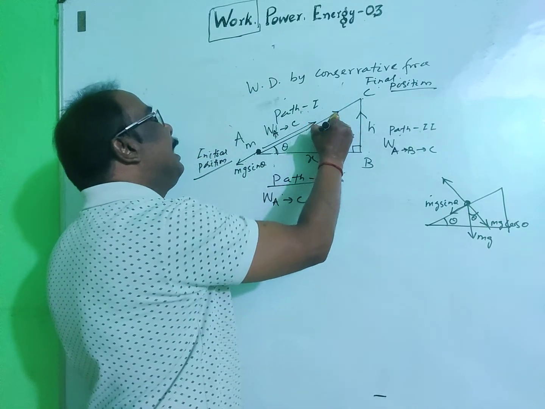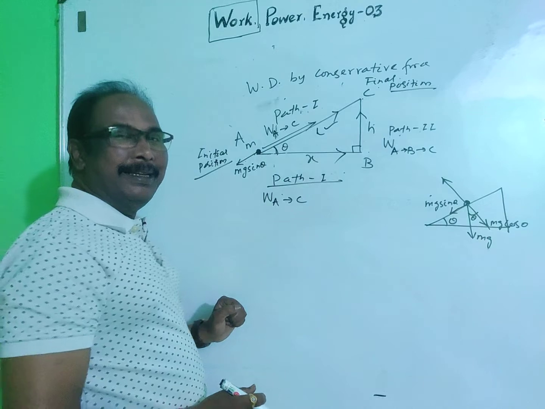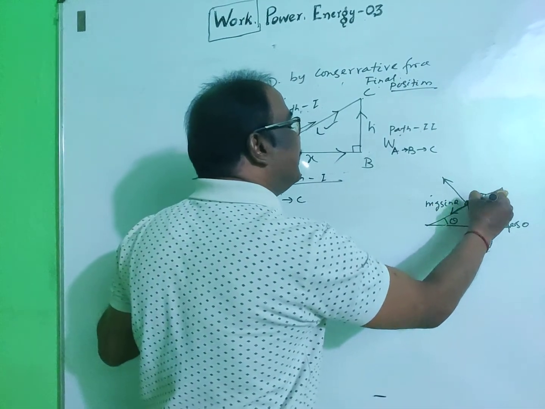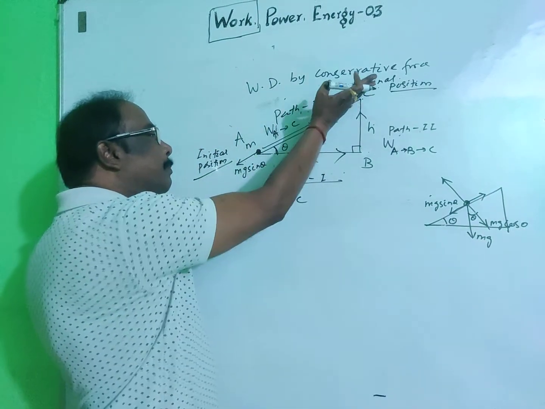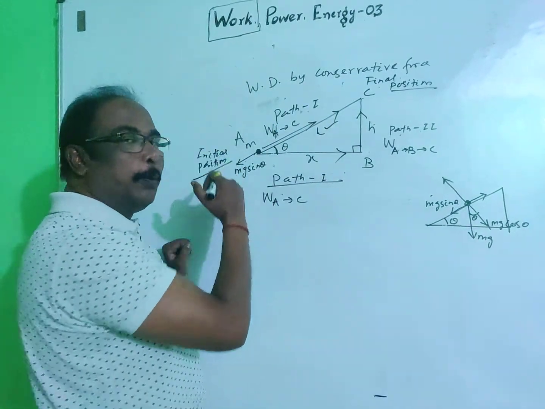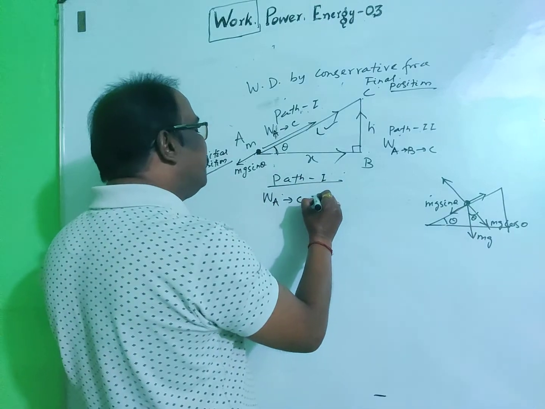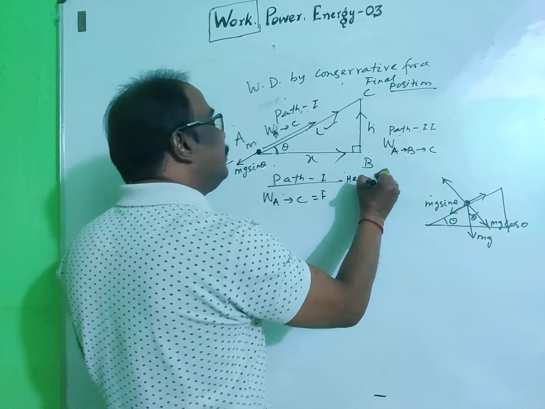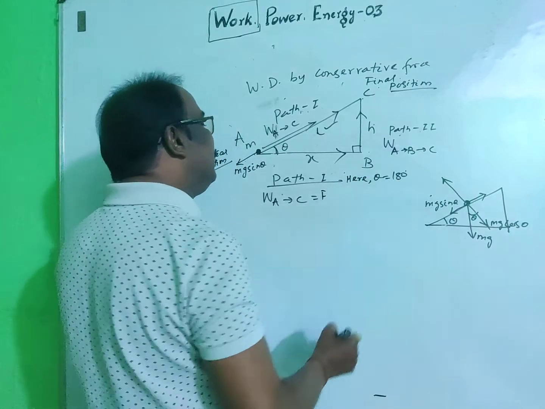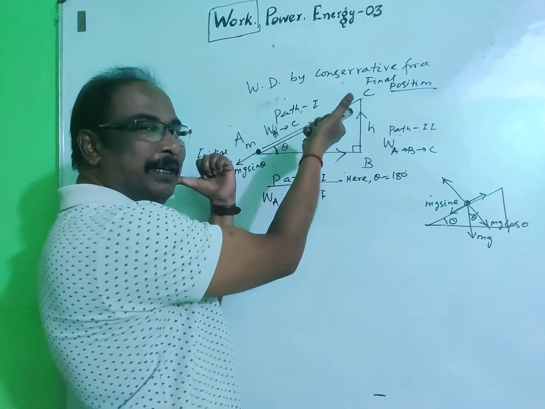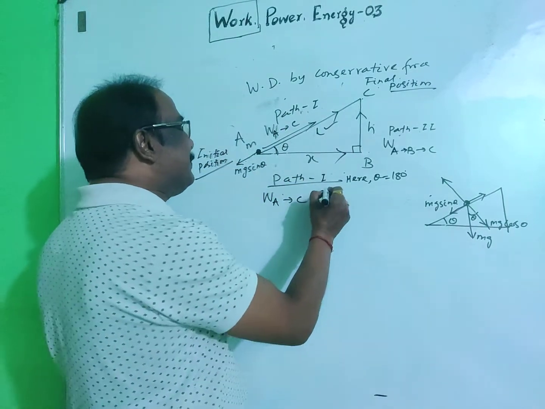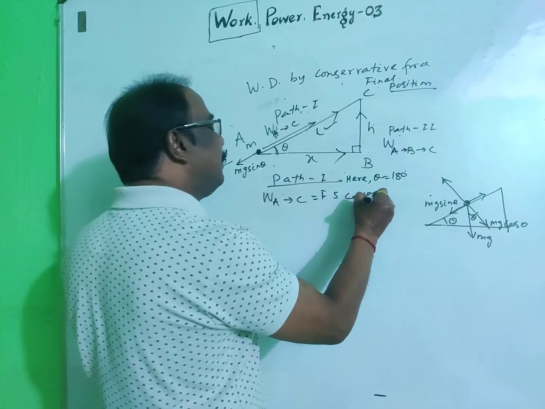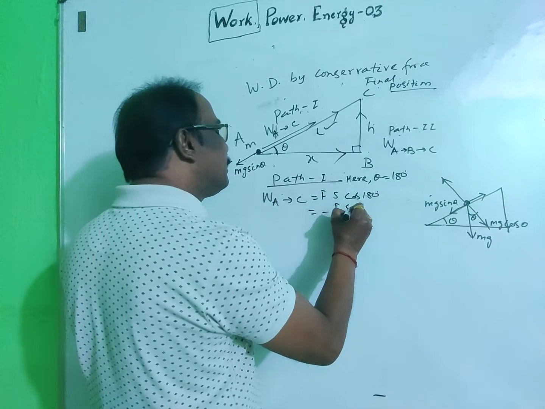Thus mg sin theta acts parallel to the plane in the downward direction, and displacement is from A to C. Here displacement is L from A to C. So what is the angle between them? mg sin theta and displacement are in opposite directions. So theta is equal to 180 degrees. Work from A to C is Fs cos 180, which equals minus Fs.